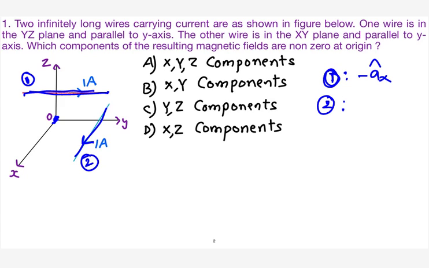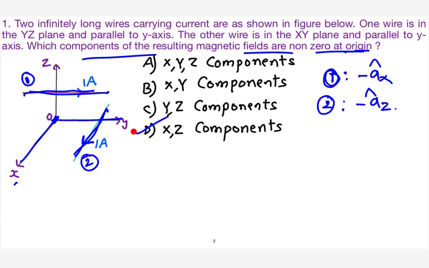When you make your thumb in the same direction as X, the locus of the other fingers is also pointing inside. And since that is an XY plane now, positive Z will be outside and negative Z will be inside. Since your fingers are pointing into the plane of the paper, the resultant is negative AZ. So the components of the magnetic field which are non-zero at the origin are the X component and the Z component. So this is the answer.